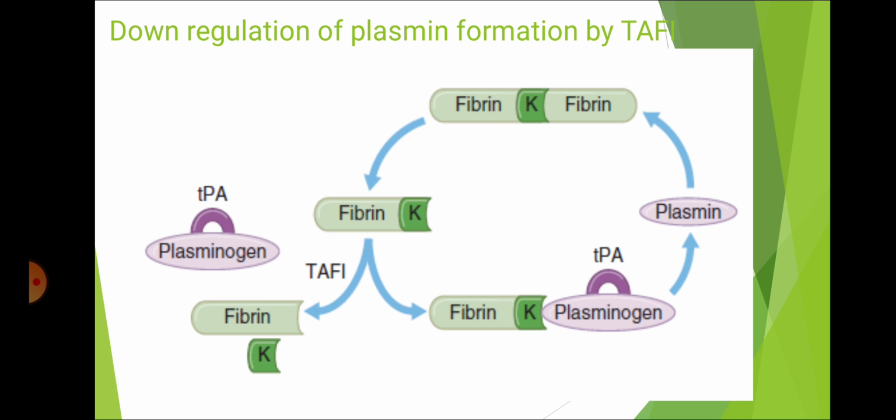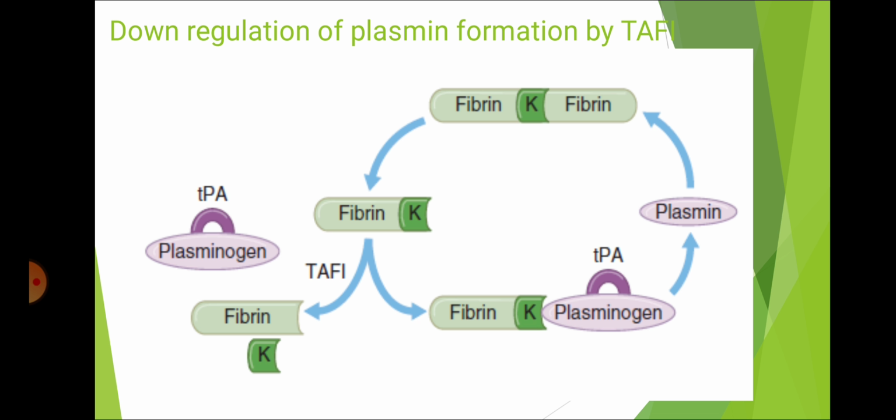Now coming to downregulation of plasmin formation by thrombin activable fibrinolysis inhibitor. Downregulation of fibrinolysis is initiated when plasminogen is converted to plasmin by tissue plasminogen activator.